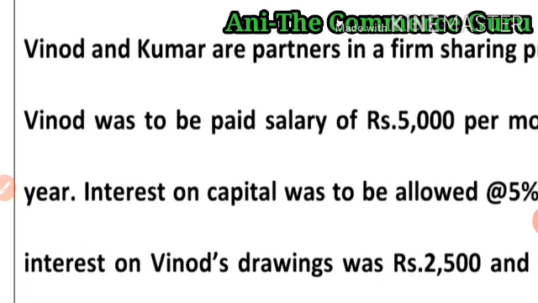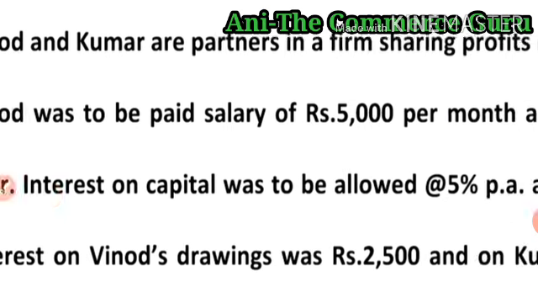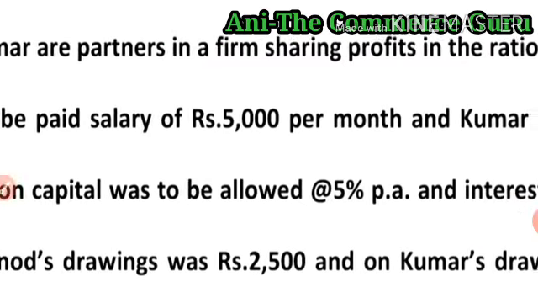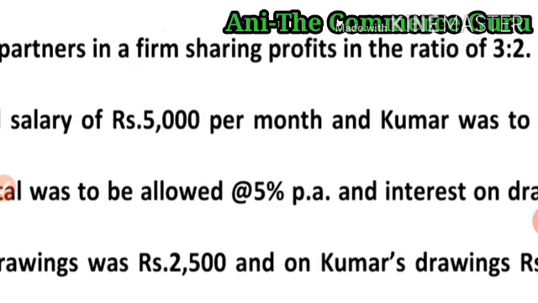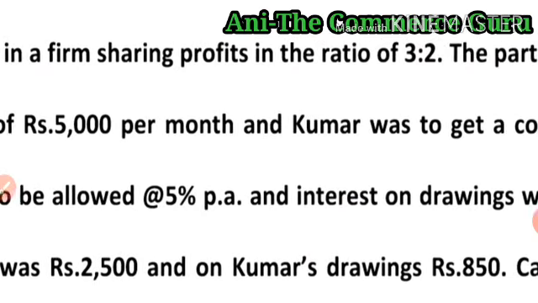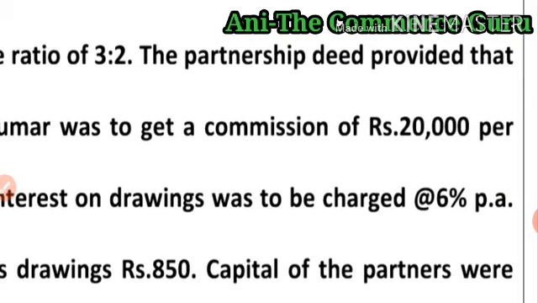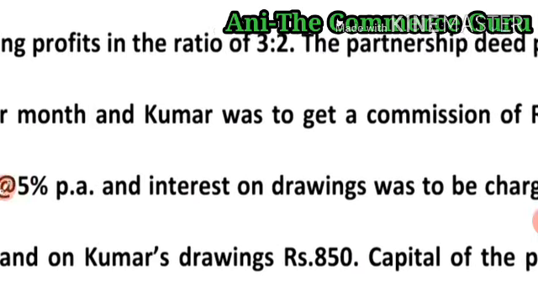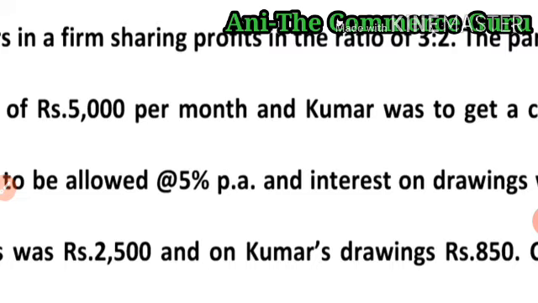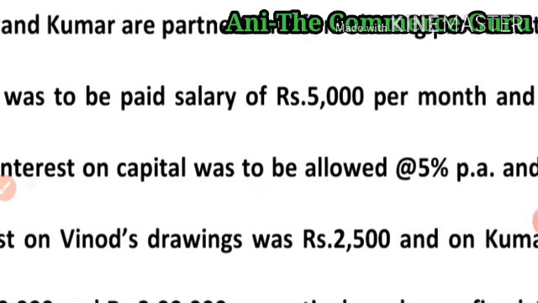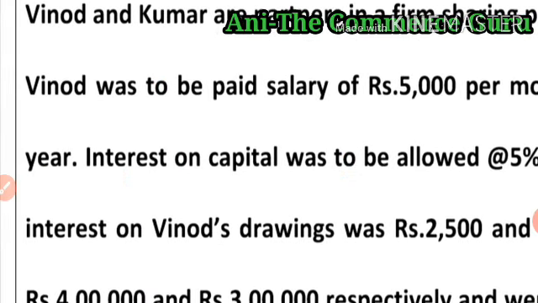So a commission is also given in this question, that also needs to be debited to the P&L appropriation account. Then interest on capital was to be allowed at 5% per annum, and interest on drawings was to be charged at 6% per annum. So interest on capital and interest on drawings are both given in the question. Salary is given, commission is also given.